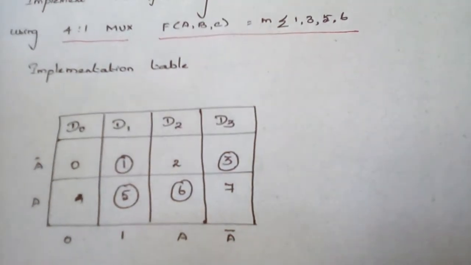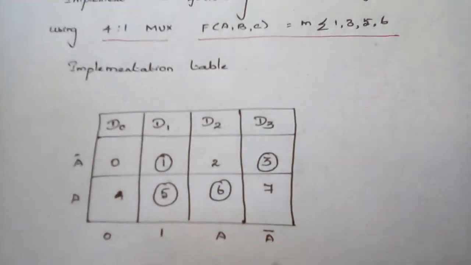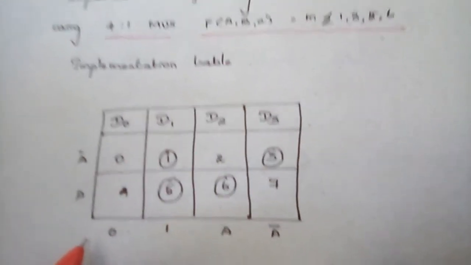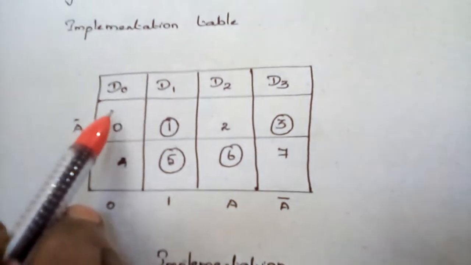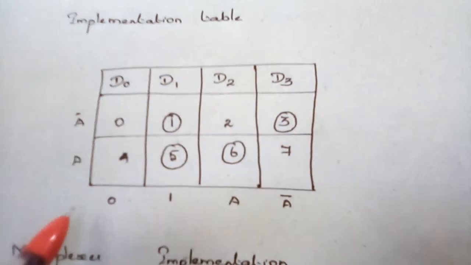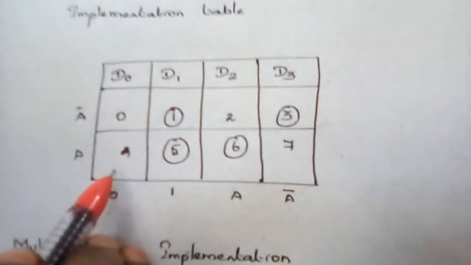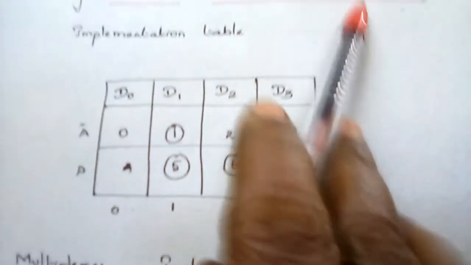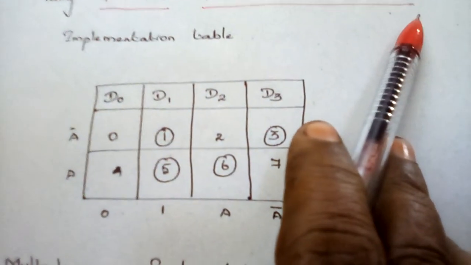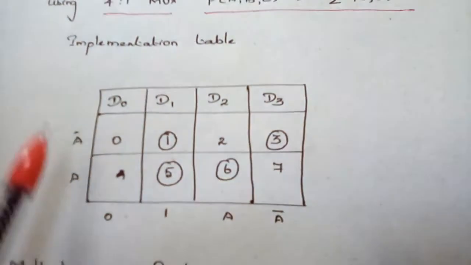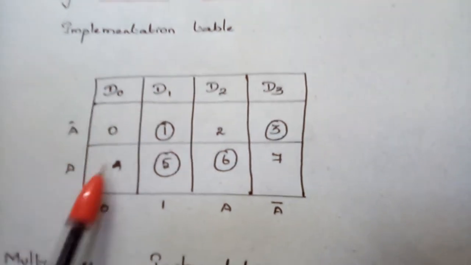Coming to the implementation table, check the D0 column. Here it has 0 and 4. In the function, the 0 and 4 terms are not given, and so we have not encircled them.